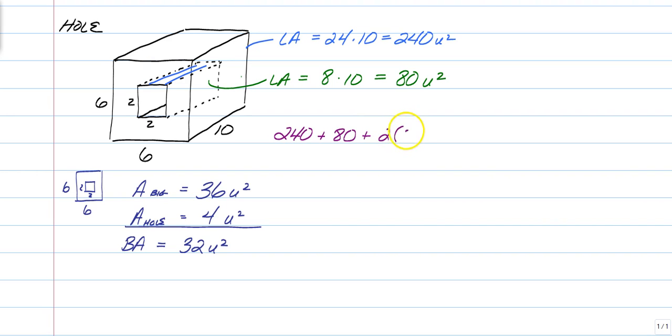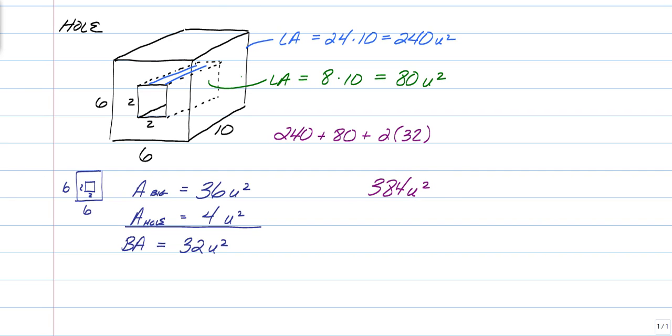So we would have 2 times the base area of 32. Okay, and then we would have to add all of that together. So we would have 320 plus 64, and that would give us a grand total of 384 units squared for the surface area.